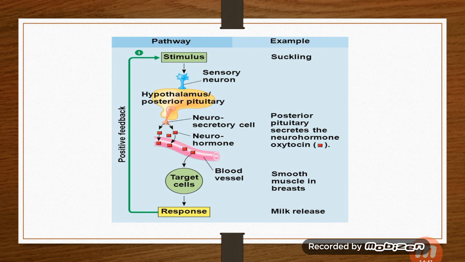In the diagram you can see suckling phenomena at the nipples by a newborn. As the suckling process would increase, milk production would be increased by the mammary glands of the mother.